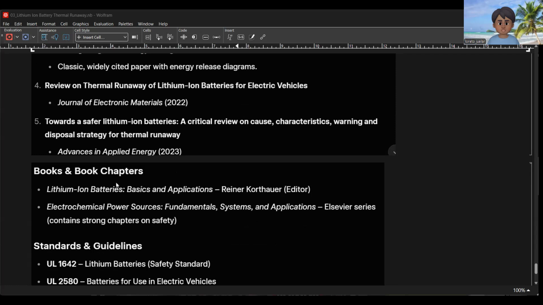And we have the books and book chapters: Lithium-Ion Batteries: Basics and Applications by Reiner Korthauer, editor. And we have Electrochemical Power Sources: Fundamentals, Systems, and Applications, a series that contains a strong chapter on safety.